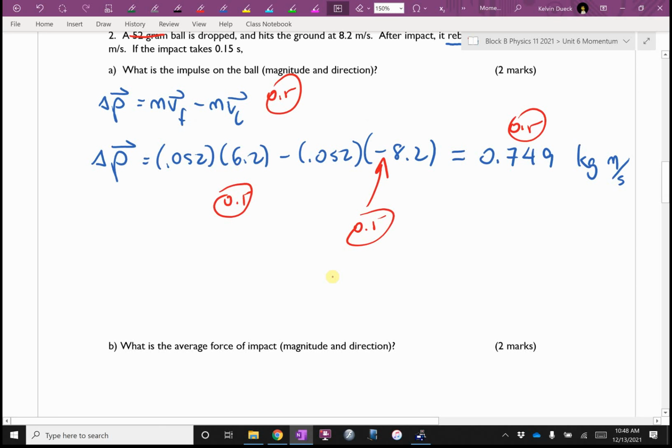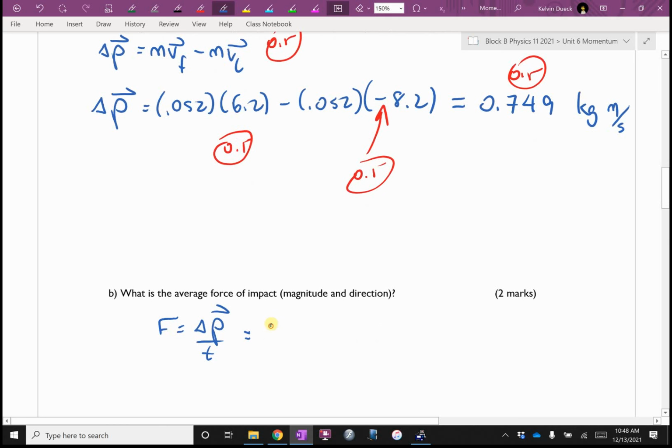What's the average force of impact? What did I find in part A? I could probably find force by going MA, but if I just found impulse, maybe I can find it quicker by using the impulse equation. I think force is also impulse over time.